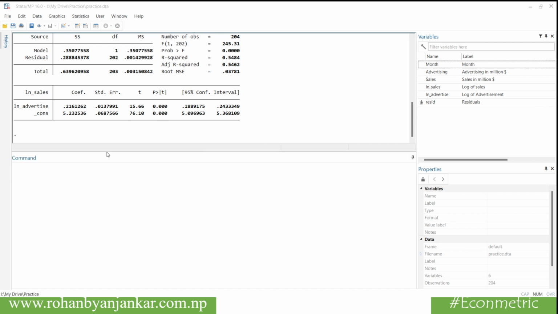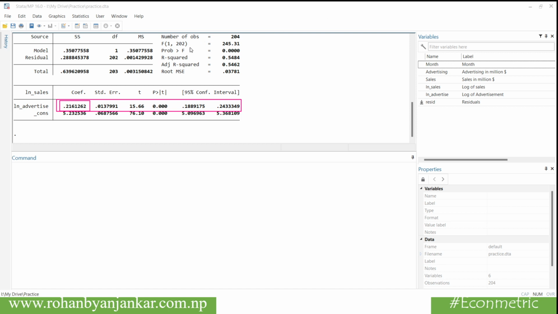In this case we are only concerned with the interpretation of these values. We are not concerned with the above values like R square, we will ignore them for now. So we will interpret it as: 1% change in advertisement brings about 0.21% change in sales revenue.